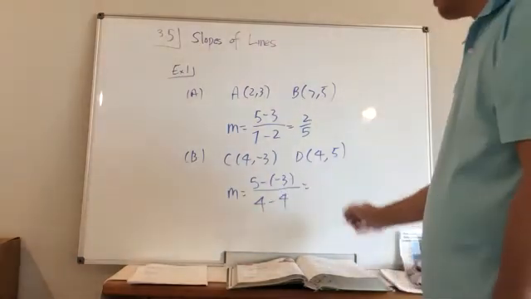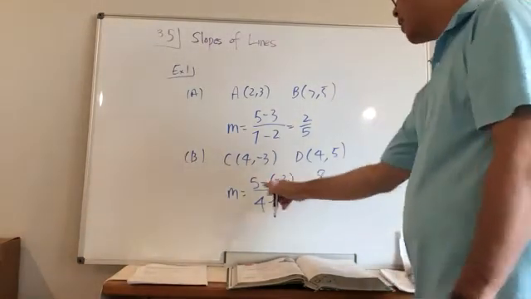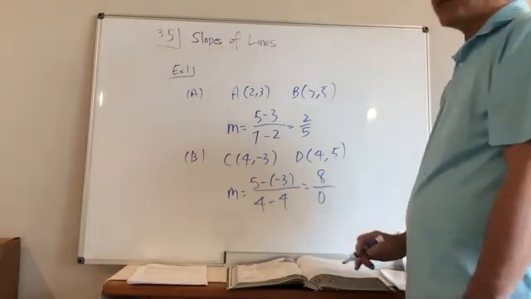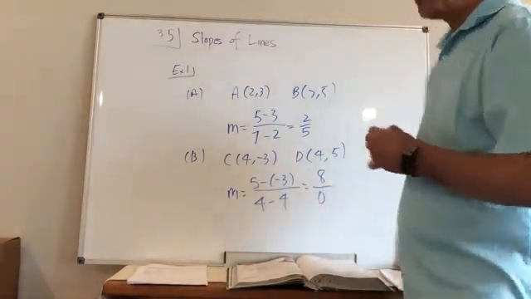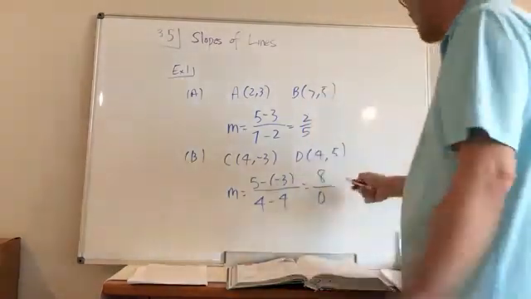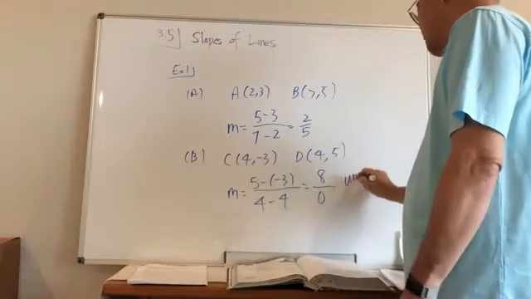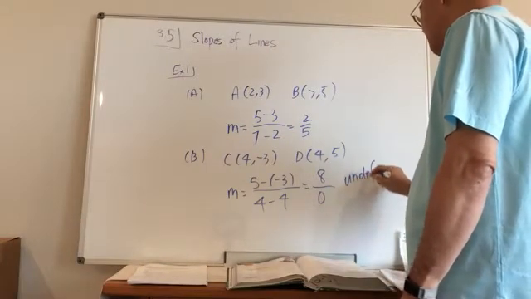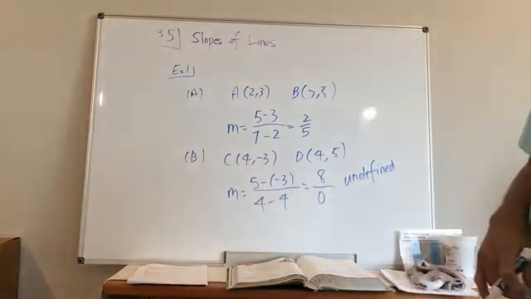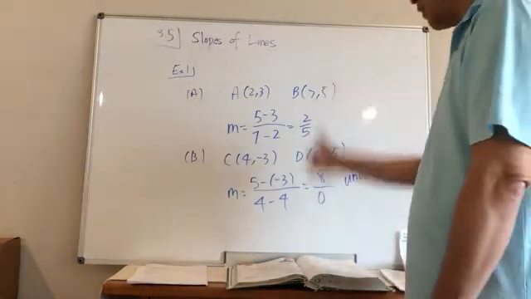The top, you're going to get 8, right? Minus and minus is plus, so it's 8 over 0. Oops. You are never allowed to divide by 0. So you are not allowed to do this. This is undefined. It is a vertical line, okay?